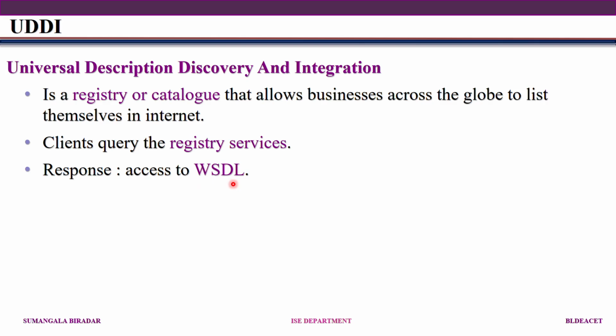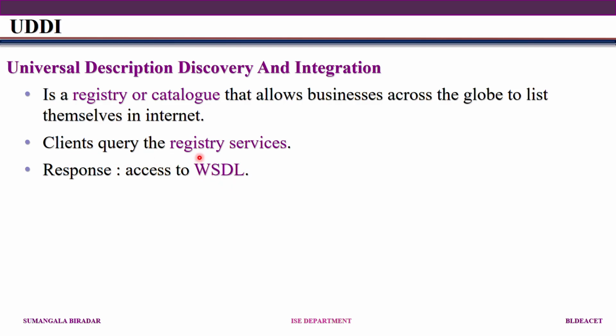WSDL is the service definition language. Where is that service available and what is the purpose of the service? If you want that information, then you have to get access to the WSDL. Here you will get the details about all the services.